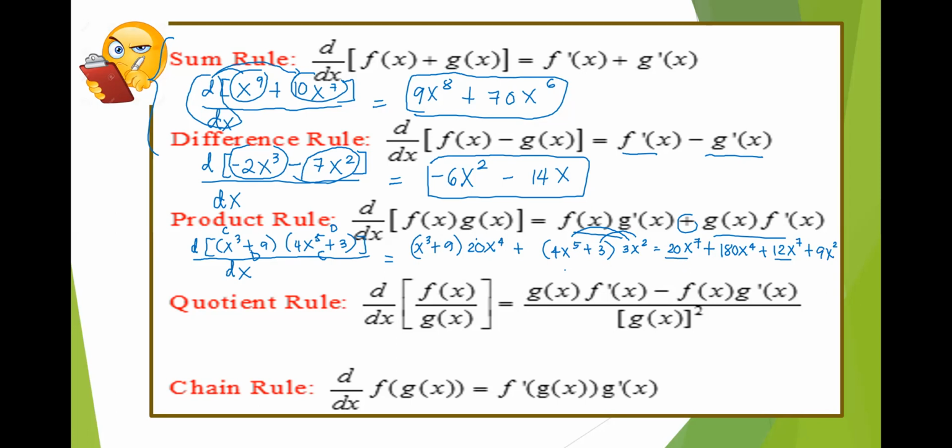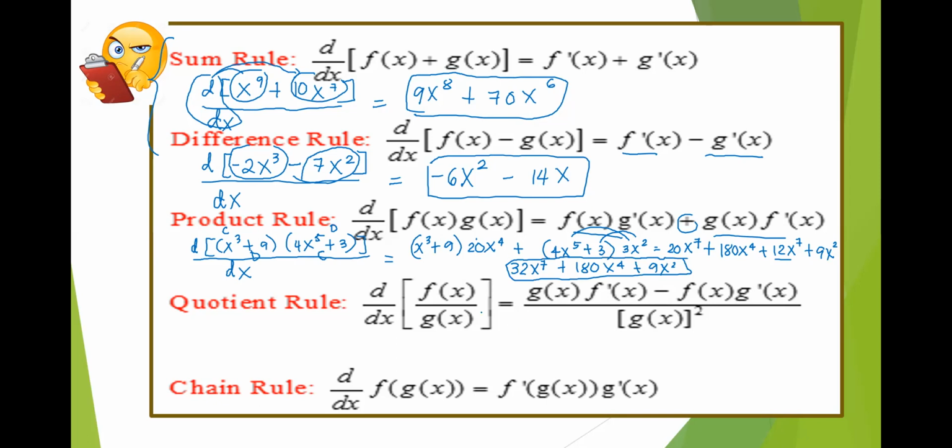So we have 32x to the 7 for our final answer. 32x to the 7 plus 180x to the 4th plus 9x squared. Okay, so that's it. This will be our final answer. Yan. Minsan may kalakihan lang yung mga values, but nonetheless, they will be manageable.